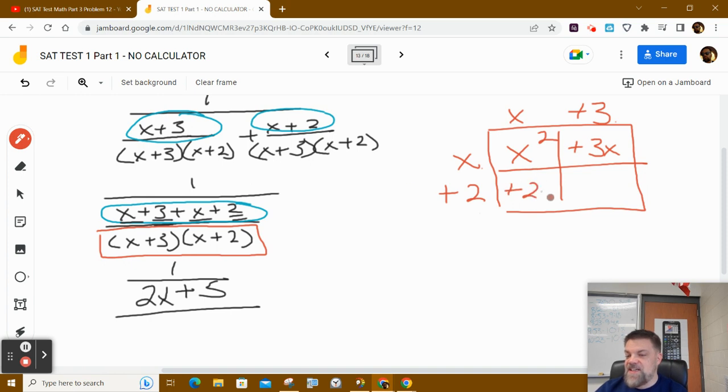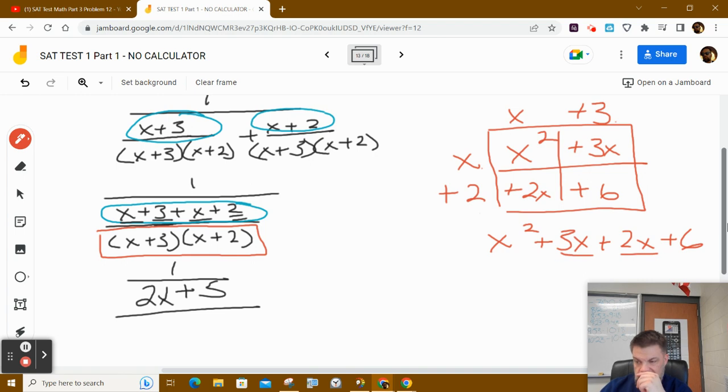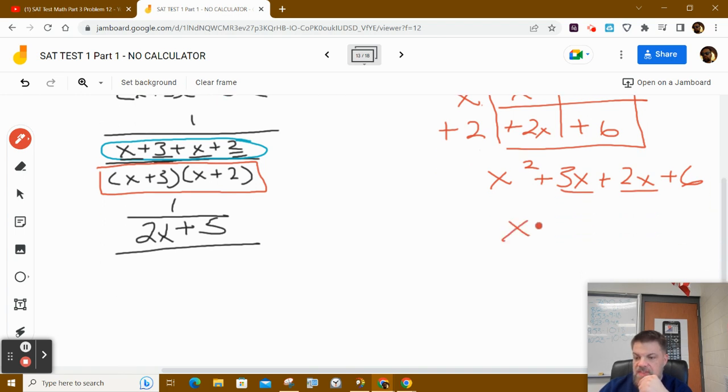Positive 2x. And then what's 3 times 2? Positive 6. Now I'm purposefully saying positive so that I know I'm going to add some stuff. So this becomes x squared plus 3x plus 2x plus 6. Hey, I got some like terms here. So that whole thing becomes x squared plus 5x plus 6.